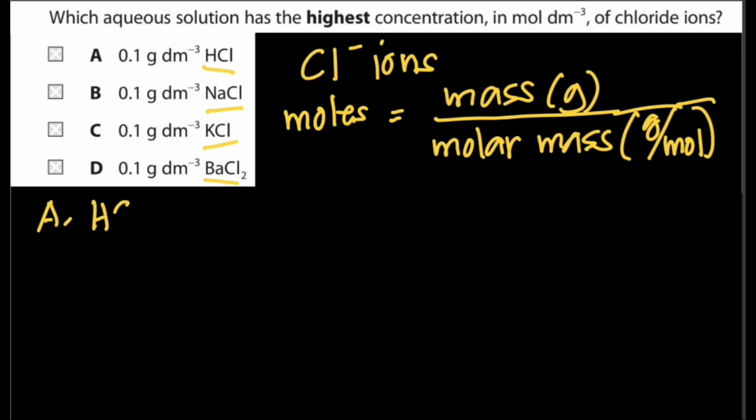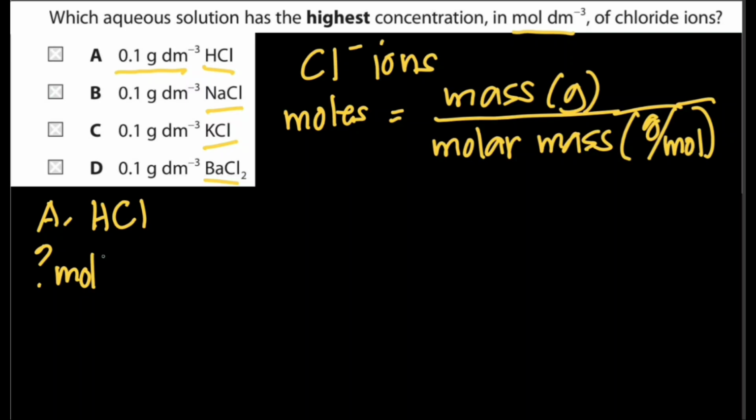For hydrochloric acid, we're given here 0.1 grams per cubic decimeter. So that is the concentration of hydrochloric acid in grams per cubic decimeters, and we just need to convert that into mole per cubic decimeters. So we work out the moles of hydrochloric acid.